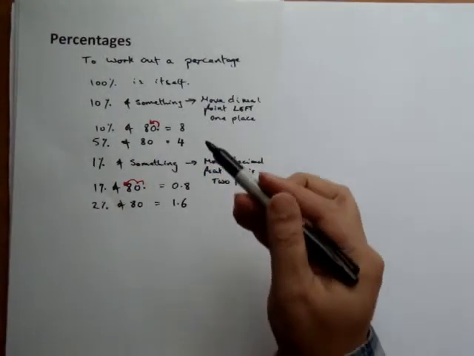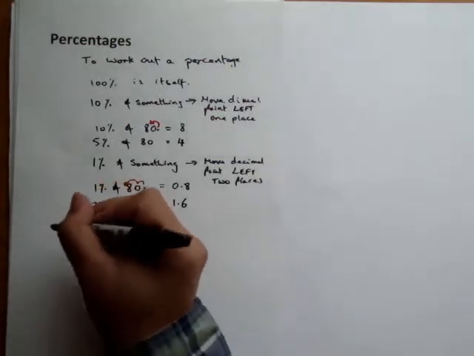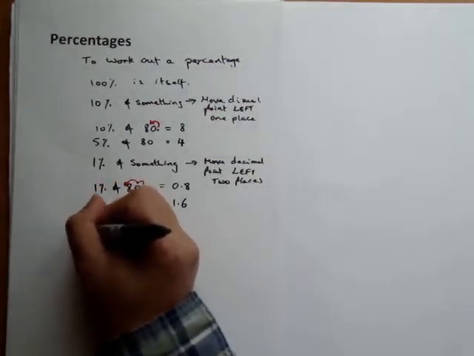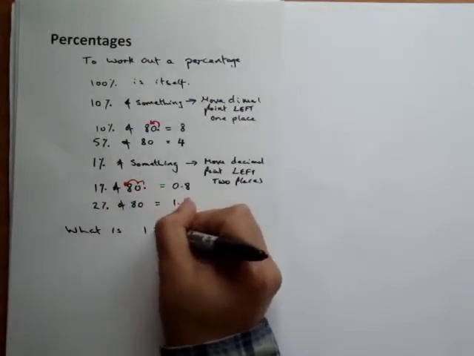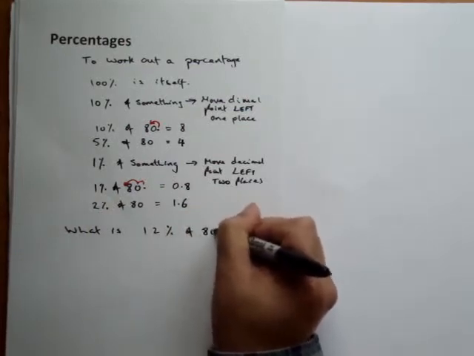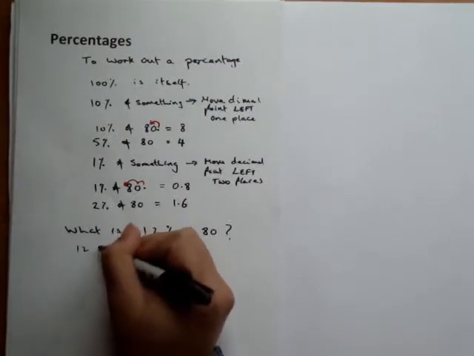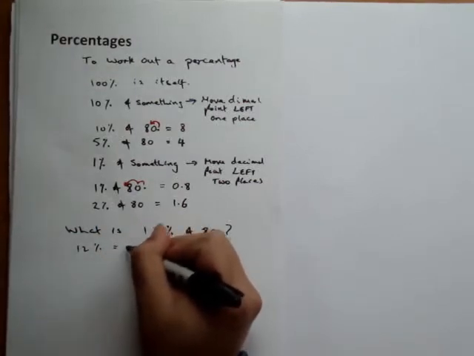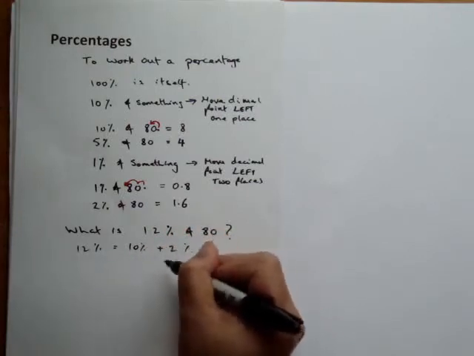Now just using these simple steps we can work out quite easily any simple percentage. So if we were asked what is 12% of 80, we know that 12% is 10% plus 2%.